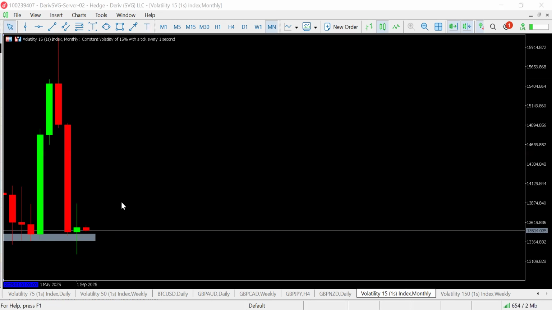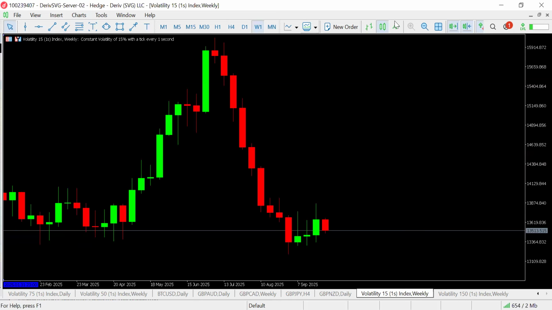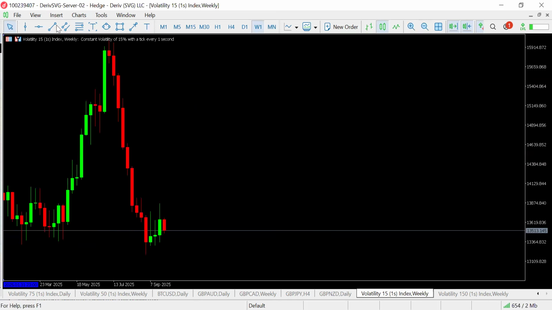But that notwithstanding, the next thing for us to do will be to go to the weekly time frame. On the weekly time frame, let me input the support area again. We can see that we have many more candles, and we can see how much strength this particular support zone has.